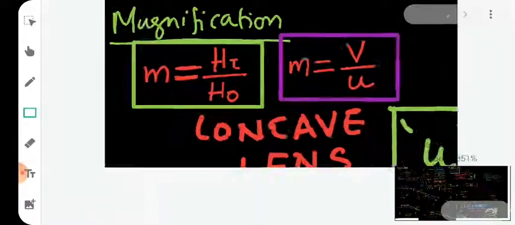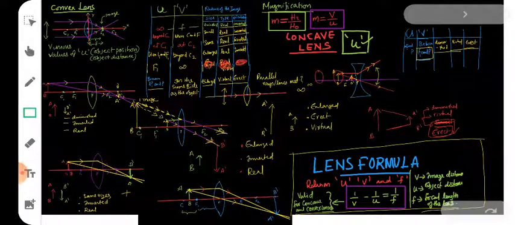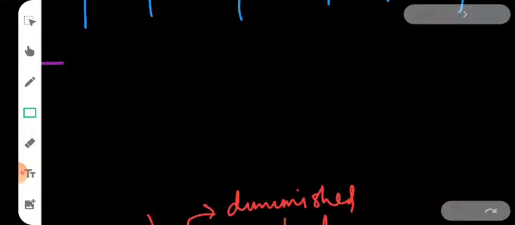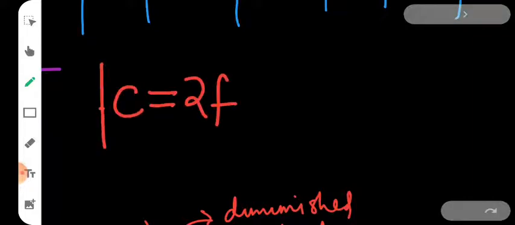So basically you have learned three equations. The first is the equation for the center of curvature and focus, very important.